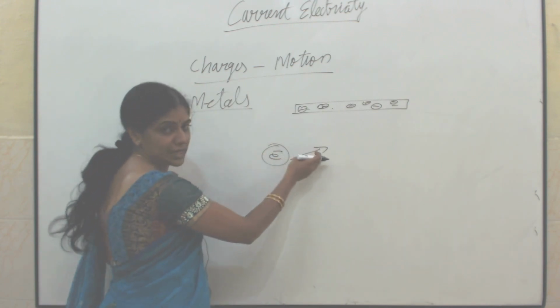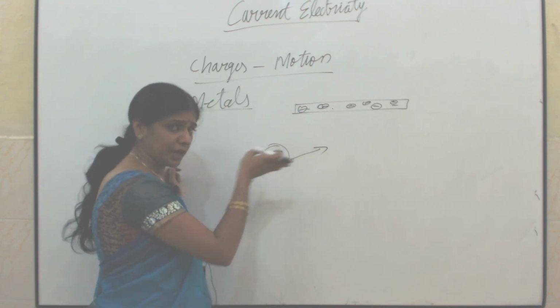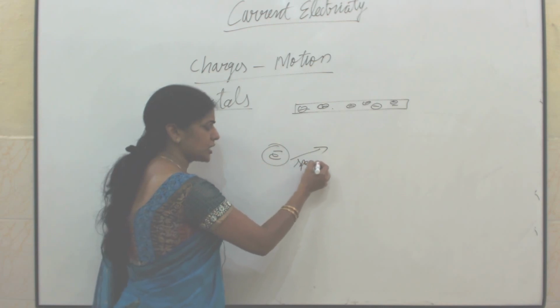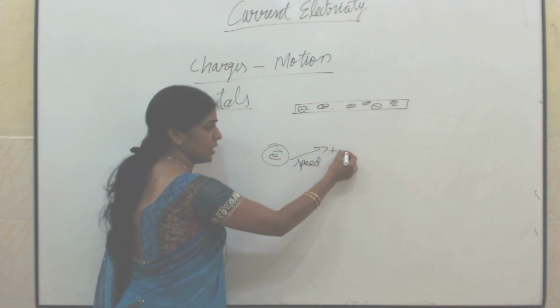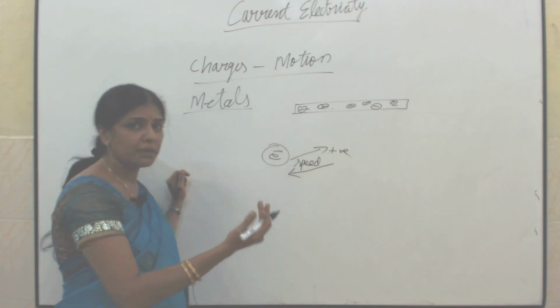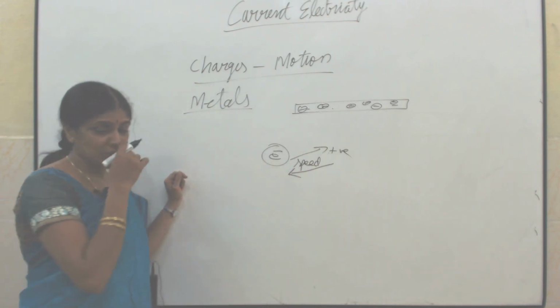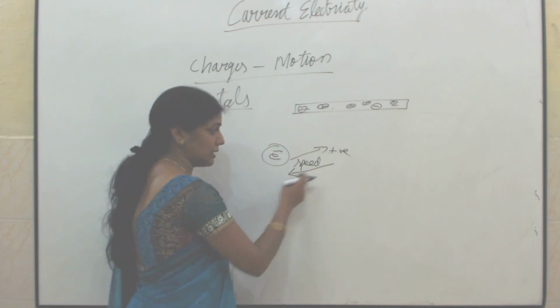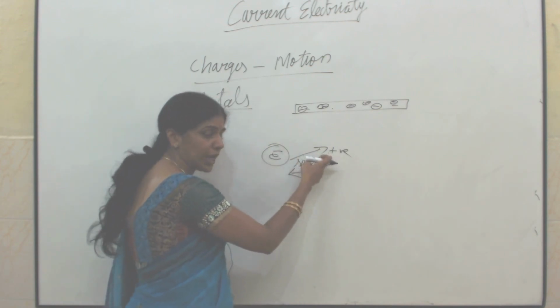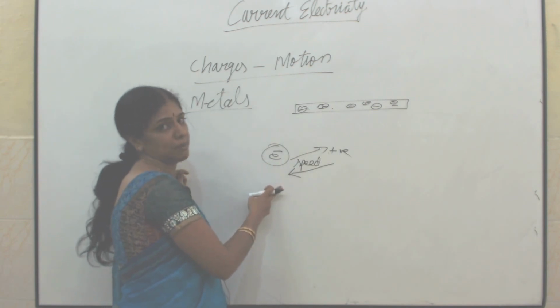It goes and collides with the positive ion with some speed. With the speed with which it collides with the positive ion, with the same speed it will return back. It comes out with the same speed.